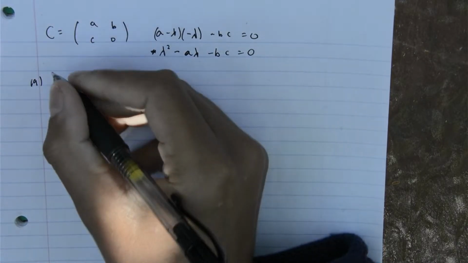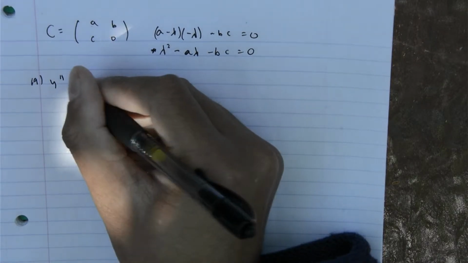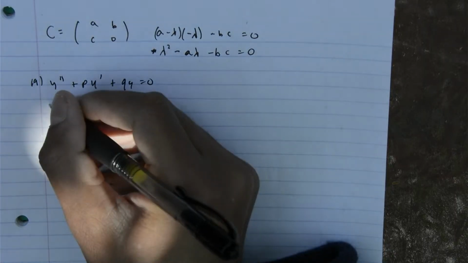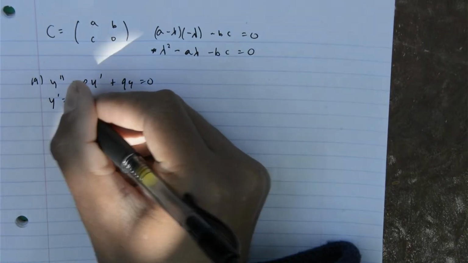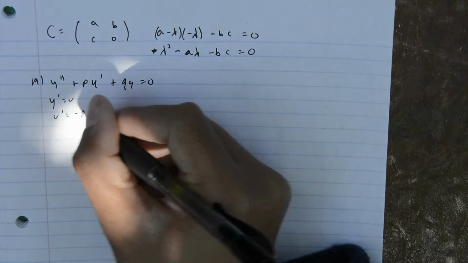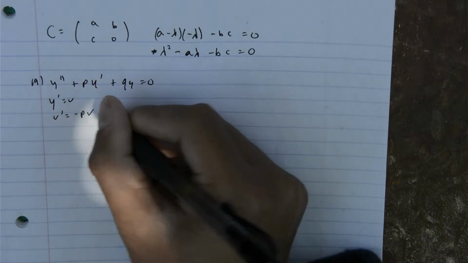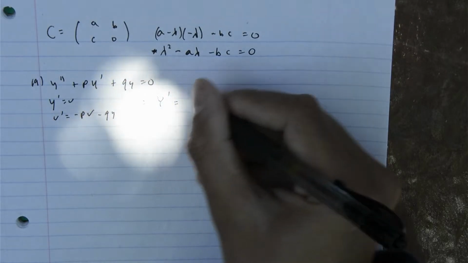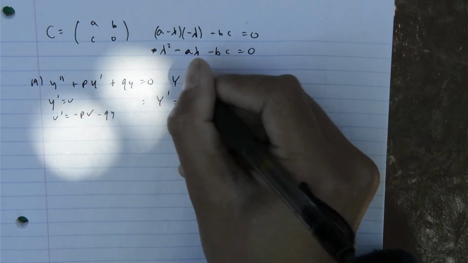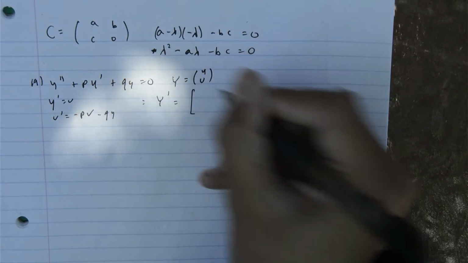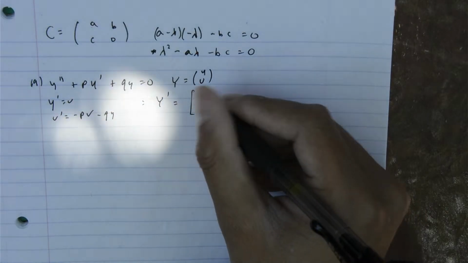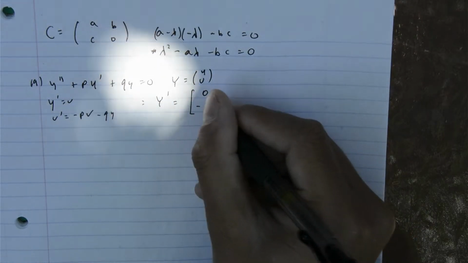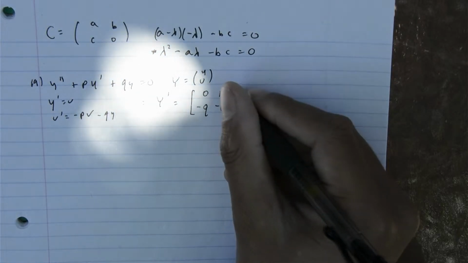All right, so we have y double prime plus p y prime plus q y is equal to 0. So if we turn this into y prime equals v, v prime equals minus p v minus q y, then this becomes y prime equal to the matrix acting on (y, v): 0, 1, minus q, minus p.